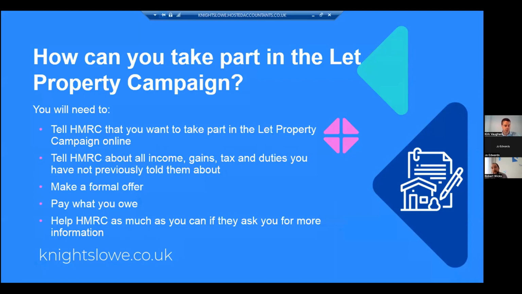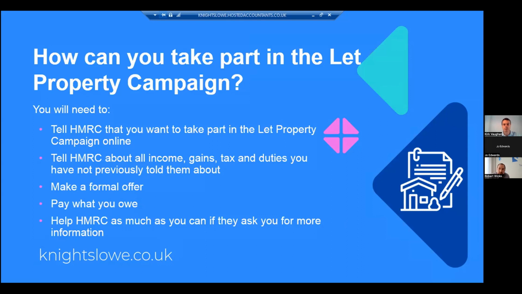So you need to provide information on your personal circumstances, your income, any gains you've got, tax that you did owe and already paid, and then anything that you haven't told them about yet and the impact that that's had on your personal situation. Once you've done that, you can then make them a formal offer to say, this is how much I haven't declared and this is how much we believe that we therefore owe you.